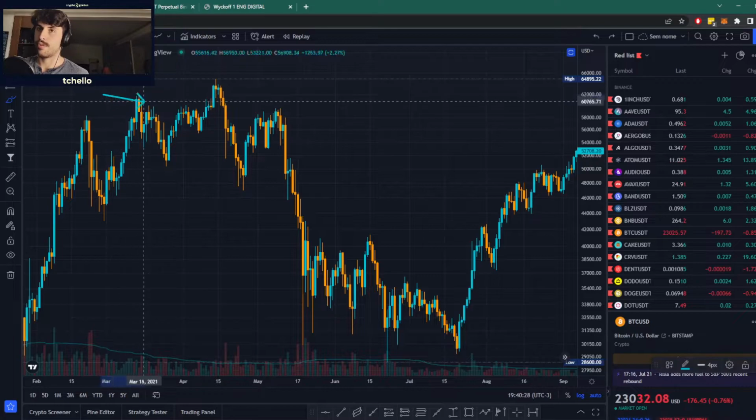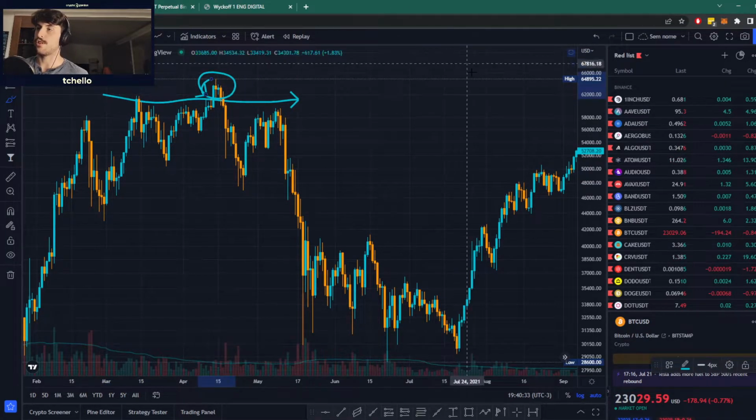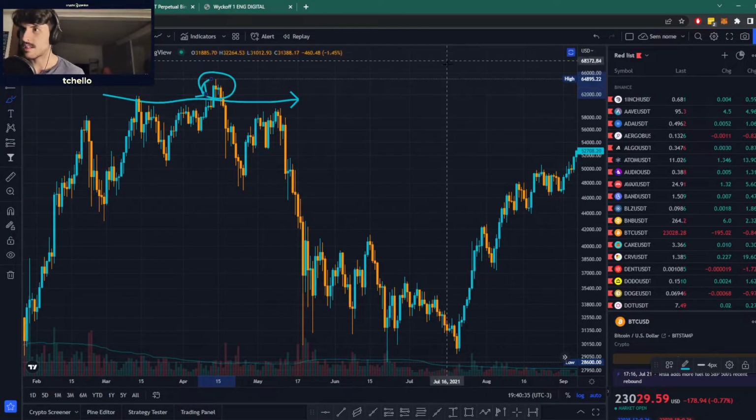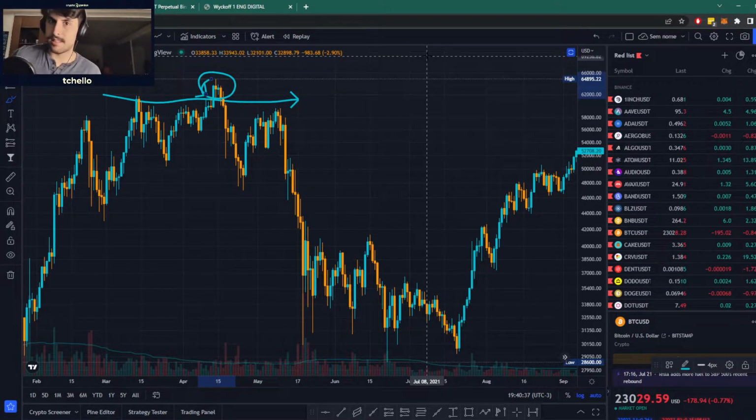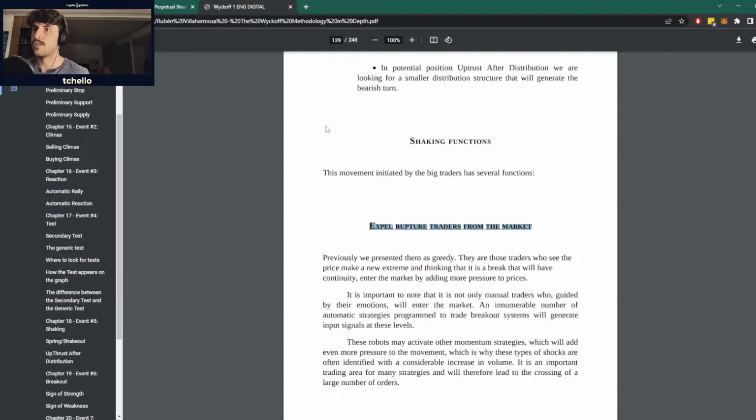Or if we break out of this range here, then you should long because it's going to go up. And that's not really smart, right? Usually we shouldn't be trading breakouts because this is what eventually will happen, right? So this is one of the functions of the shakeout, to just expel all of these traders.